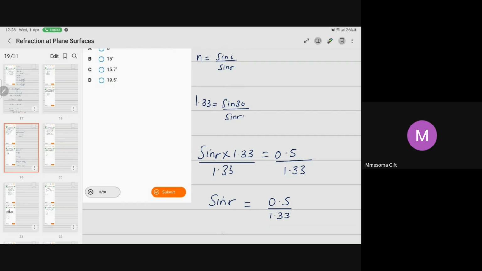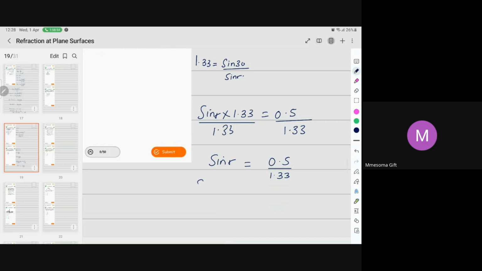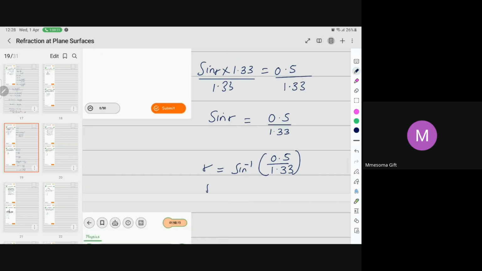So when we do that, we can now say that R is sine inverse of 0.5 divided by 1.33.